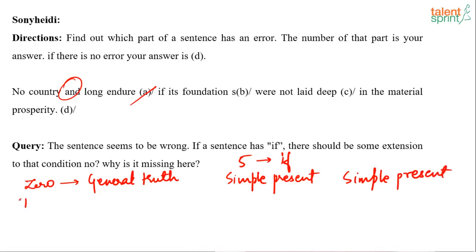Then there is type 1. Type 1 talks about a possible condition and its possible result.